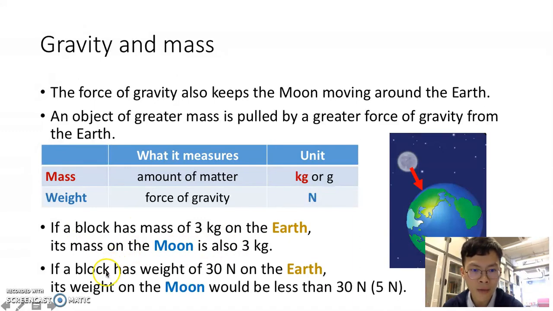And if a block has a weight of 30 Newton on the Earth, then its weight on the moon will be less than 30 Newton. That's because the force of gravity acting on the moon is different from that acting on the Earth. It's actually about 5 Newton in this case.